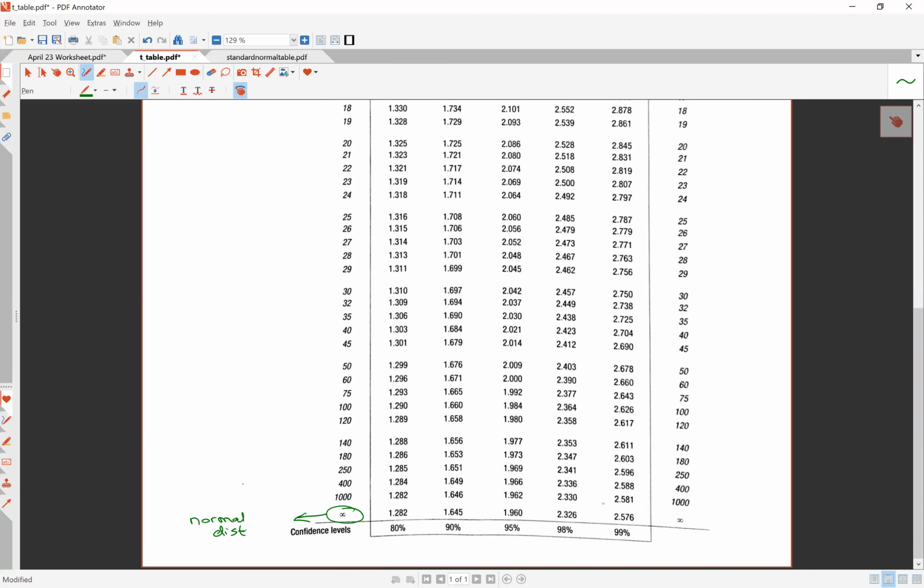And so if we want a 95% confidence interval, that tells us in the middle of the bell curve, we want 95%. So what's left in the two tails? 5% or 0.05.